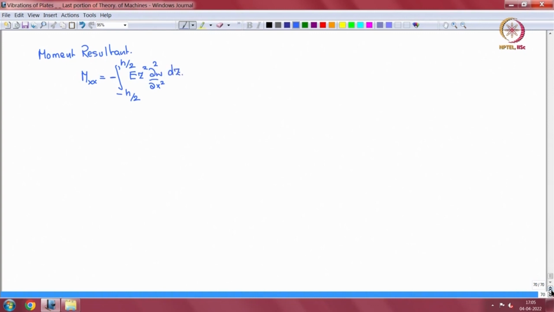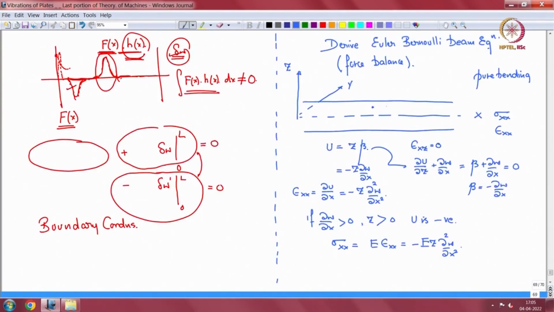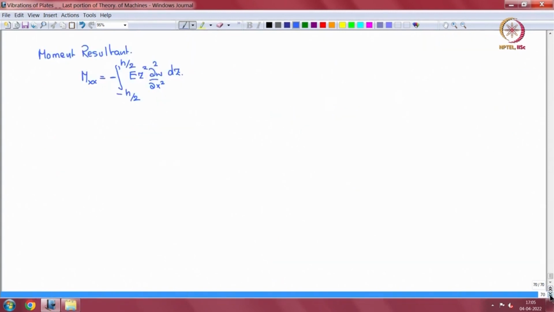The vertical displacement is w, w of x, and this way it is u. So this gives me minus E h cube by 12 del 2w by del x square.